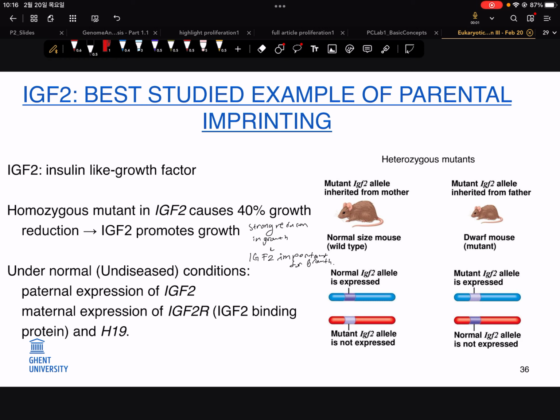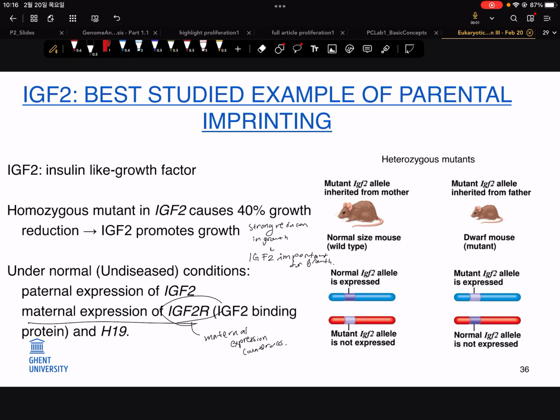But under normal, undiseased conditions, you have paternal expression of IGF-2. While the maternal, as I said, maternal genes tend to counteract the paternally expressed genes. Well, you have maternal expression of an IGF-2 binding protein that we call IGF-2R.